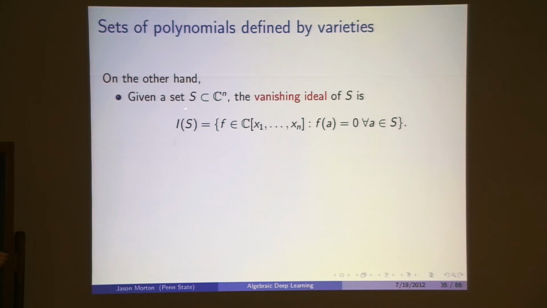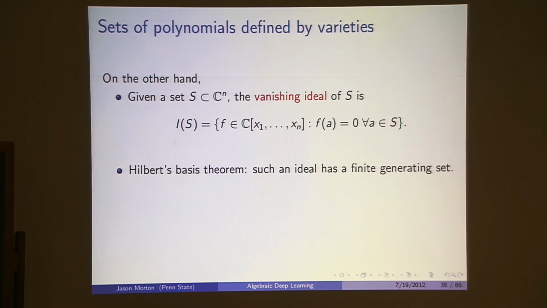So given a set S in C^n, I can define the vanishing ideal of S as the set of all polynomials in C[x1, ..., xn] such that f of a, the polynomial applied to a, is 0 for all a in S. That's the vanishing ideal, and it's an ideal, which you have to prove.